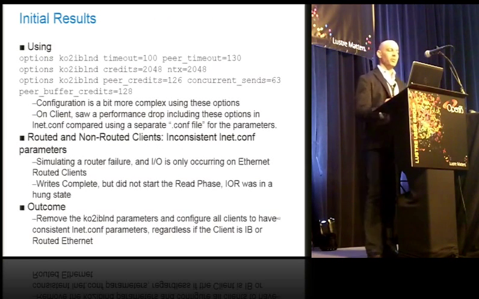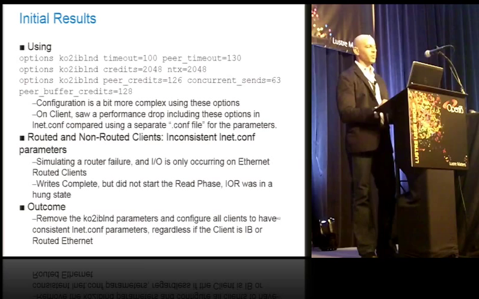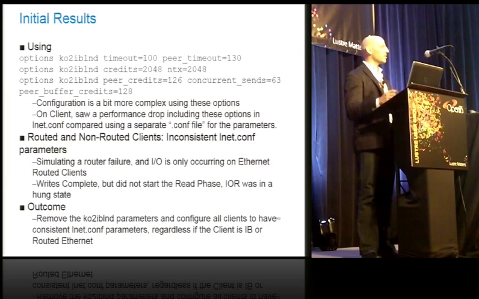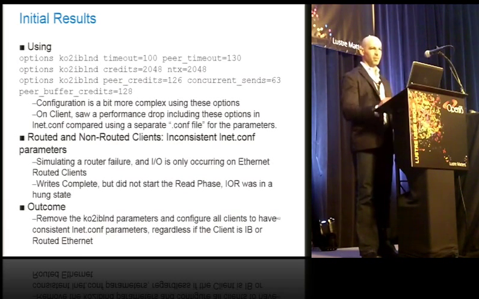What I found interesting was that ko2iblnd for this specific benchmark was not absolutely needed in terms of performance or any additional functionality. It also adds more complexity to your overall LNET design. For example, say you have 2 separate InfiniBand-based file systems. One is in this configuration with a routed Ethernet setup.